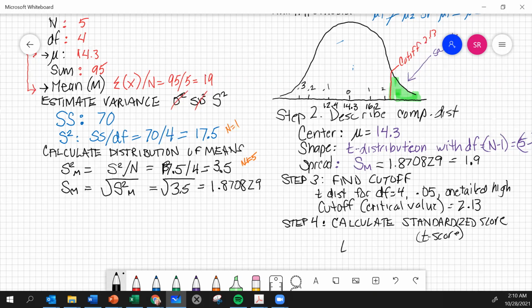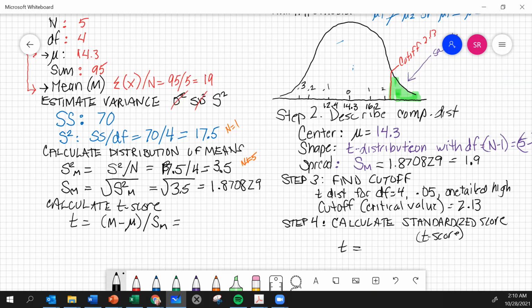The sample t-score equals, and let's run that over here. We will calculate the t-score. And the formula for that is t equals M, our sample mean, minus mu, our population mean, divided by the estimated standard deviation for the distribution of means.